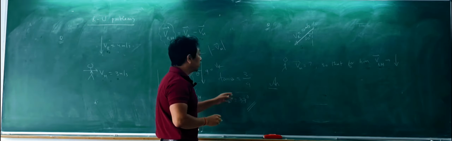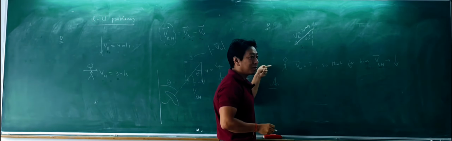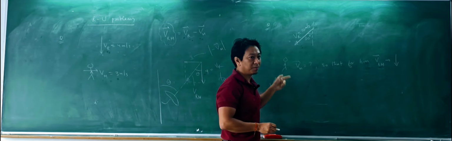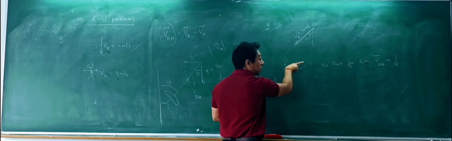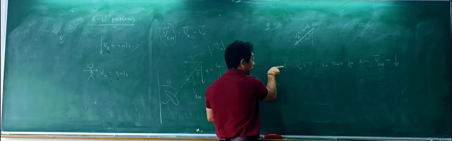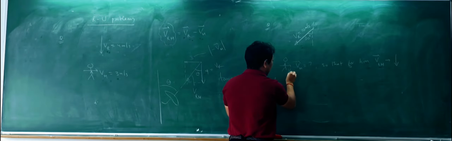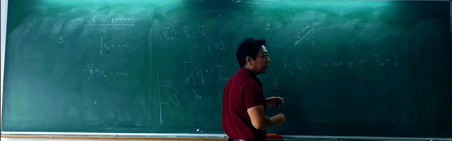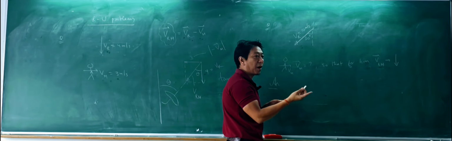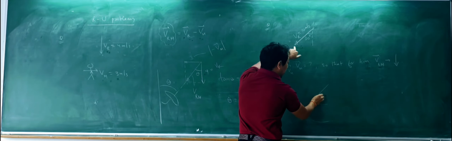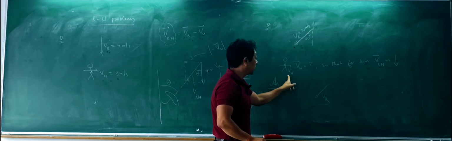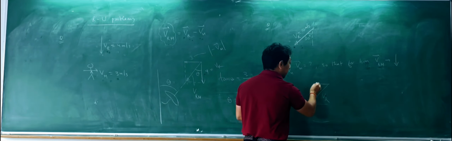So let us assume man is going this side. Good option or bad option? Bad option. Because if man is going this side, ulta you have to do to this. If man is going this side, let us assume, then what will be rain velocity with respect to man? This is rain velocity already given. Ulta of this will be what? This.